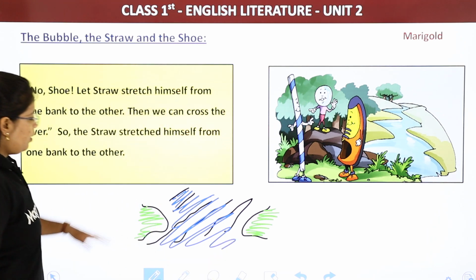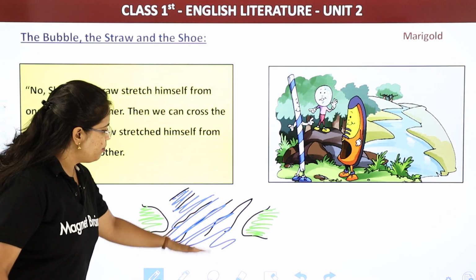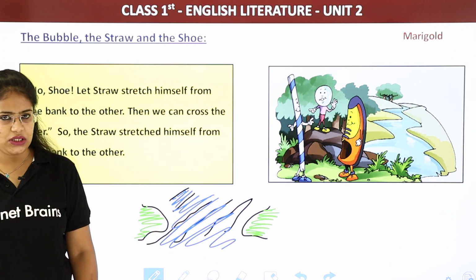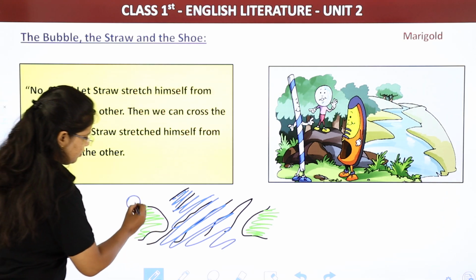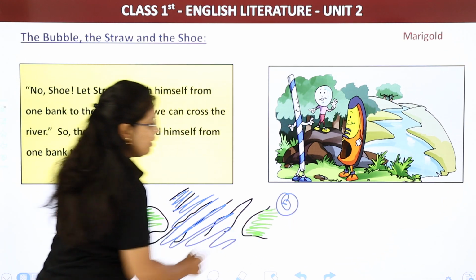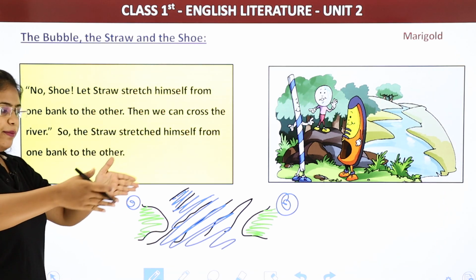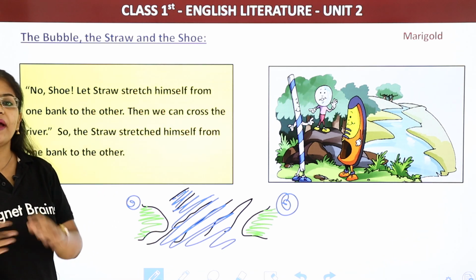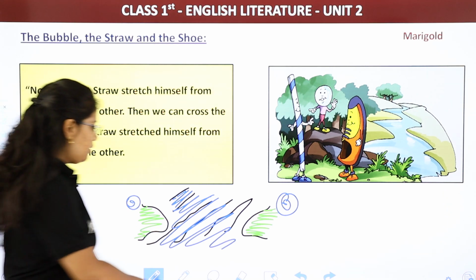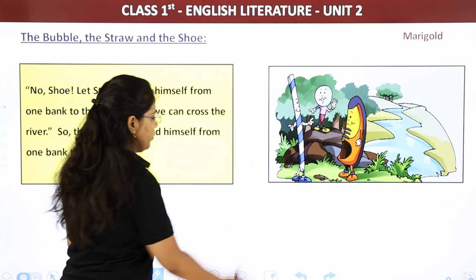Now you have land and in between you have water, ठीक है? So this and this are the banks of river. River का side पे जो land होता है, those are the bank of rivers, ठीक है? That is the bank of river.